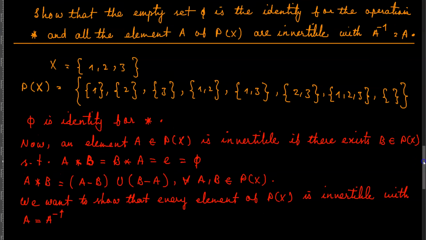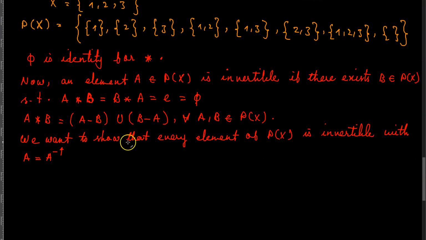A inverse is equal to A, which means that if I take any element A in P of X, the inverse of that element is going to be itself, meaning that A star A, which is A star the inverse of A, must be equal to the null set, right?